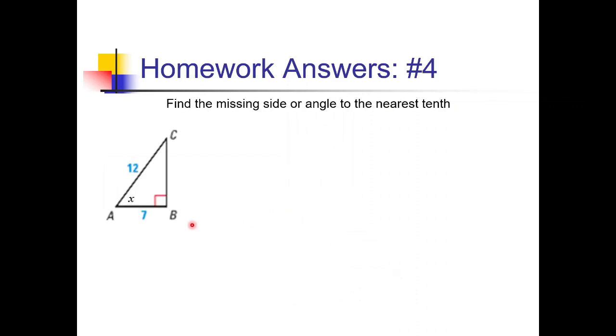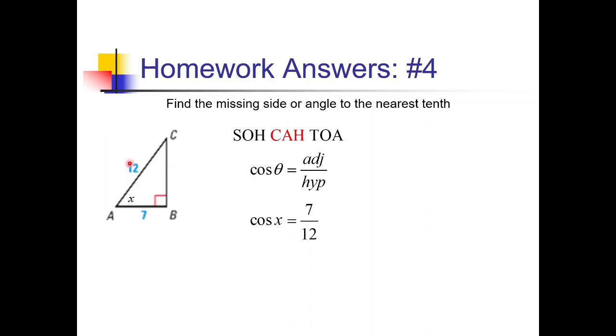For this problem, we're looking for this missing angle. Now we've got the hypotenuse and also the adjacent side. So that means I'm going to need cosine, CAH. So I can write cosine of theta equals adjacent over hypotenuse. So cosine of x equals adjacent side 7 over hypotenuse 12.